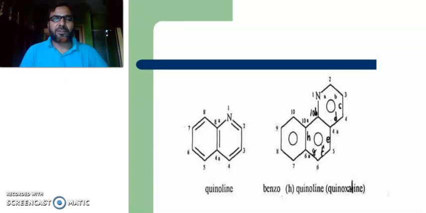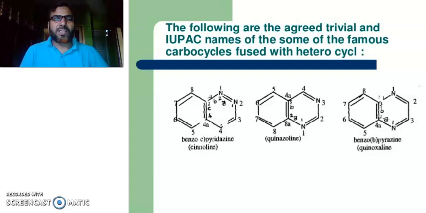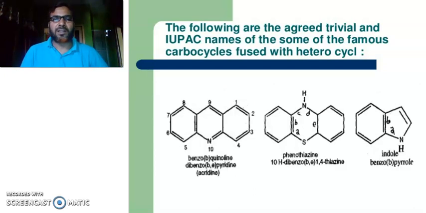So you can see quinoline, benzo[h]quinoline, benzo[c]pyridazines, quinolines, quinazolines, and benzopyrazines. Benzo[b]quinolines, dibenzo[b,e]pyridines or acridines, phenothiazines (10H-dibenzo[b,e]-1,4-thiazines), and indole (benzo[b]pyrrole).